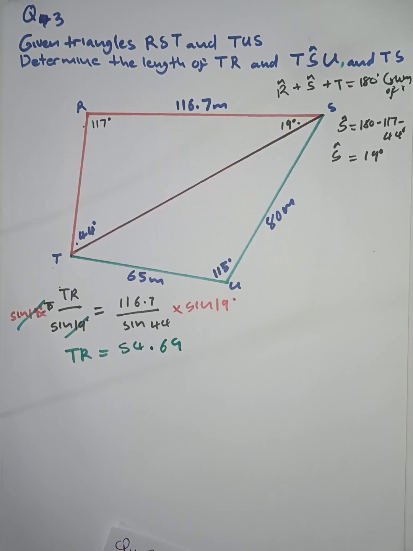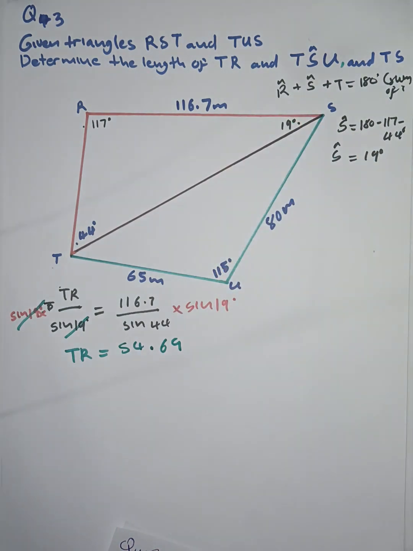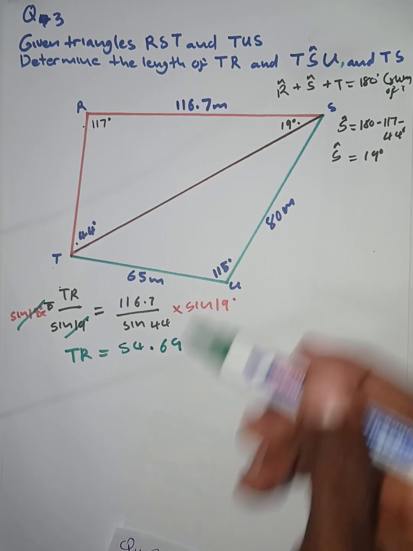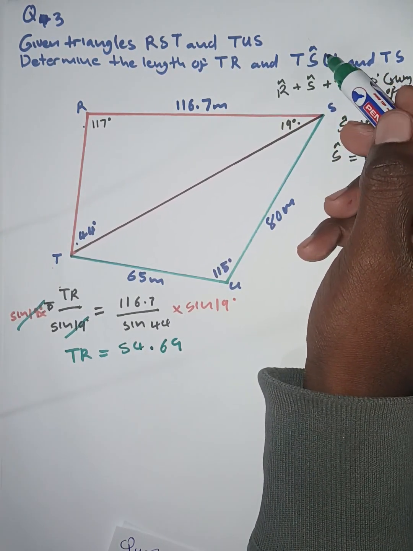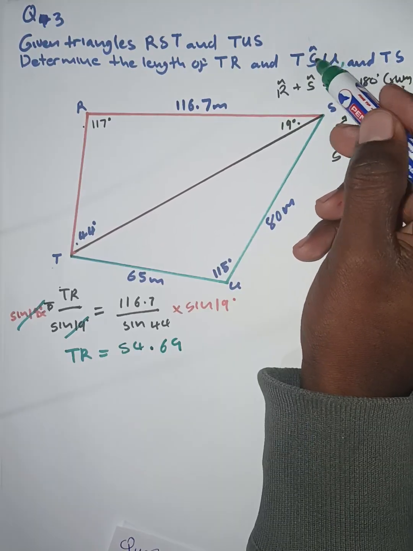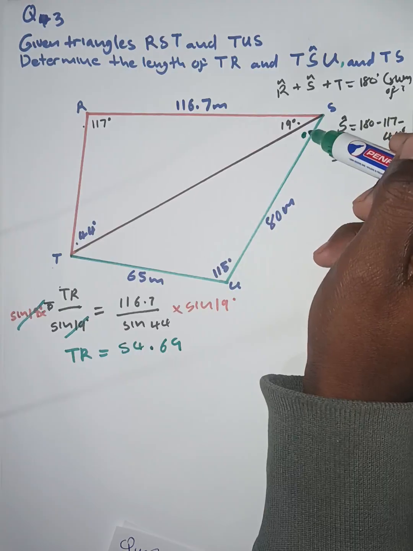Now remember, the other thing that they asked us to find is that angle there. They said we must calculate the angle TSU, so they want us to calculate that angle there.